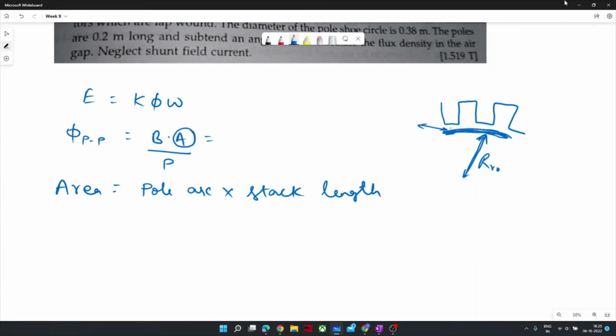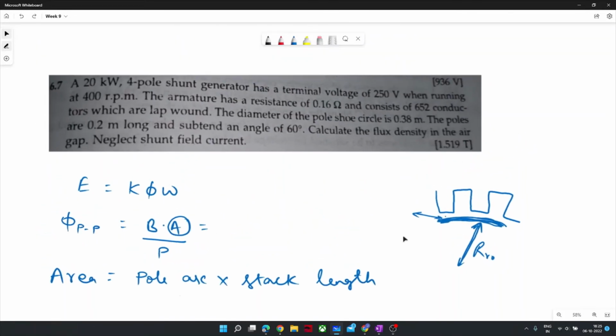Now here the diameter of the pole shoe was given in this problem, that was 0.38 meter, and the poles are 0.2 meter long and subtend an angle of 60 degree. So what does this statement mean? This statement means that, let's say this pole pitch is this much, but the pole arc subtends only 60 degree.